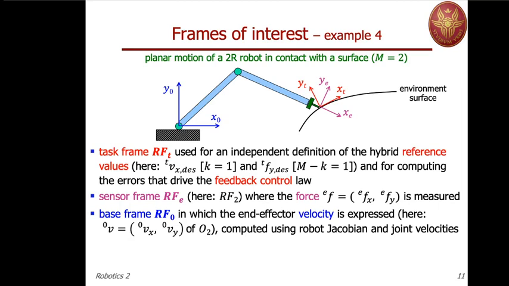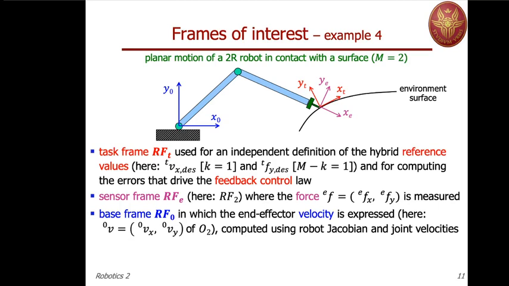So vx desired in frame t, a scalar, will be the reference for the feedback control law, and a force along the normal direction, so fy desired in task frame t, again a scalar, will be the reference for the feedback control loop on force.